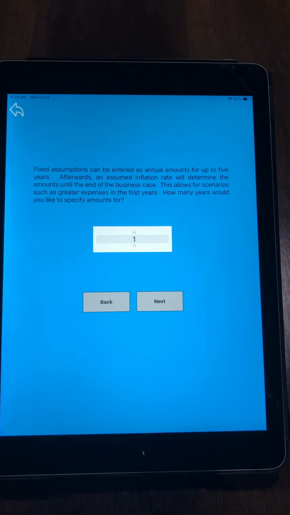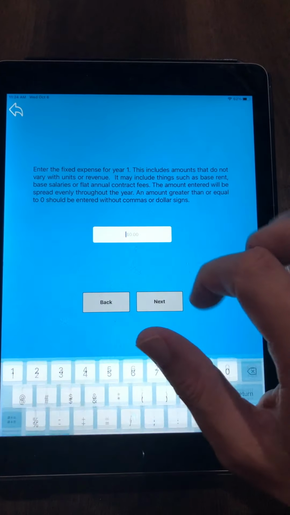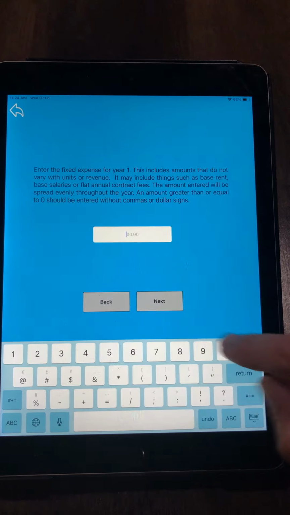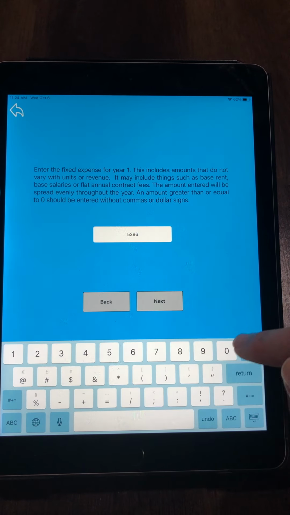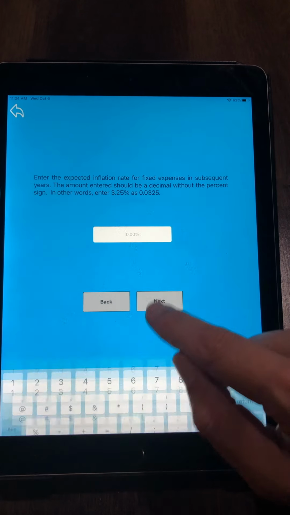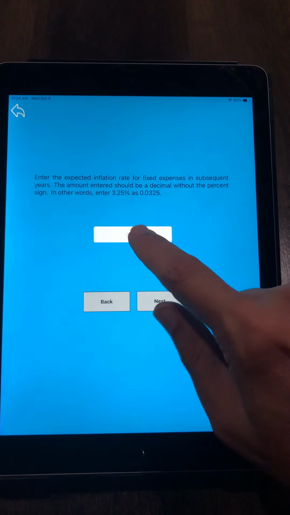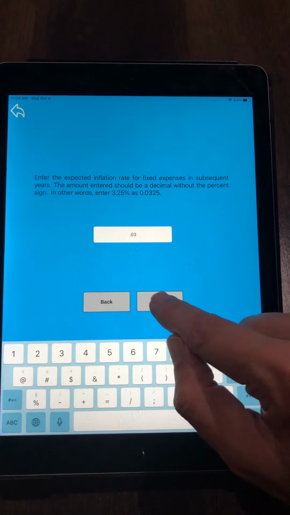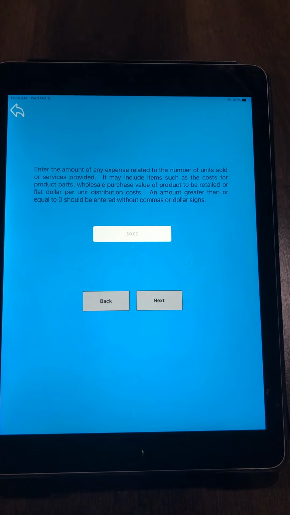This was my salary, some of my legal expenses, my equipment, my licenses and such. So when I add up all those things, I had 528,600. Okay, now my inflation rate, I'm going to again put about a 3% inflation on there.